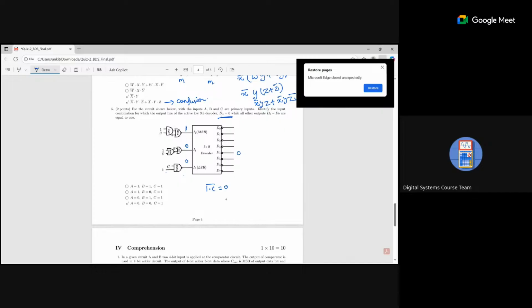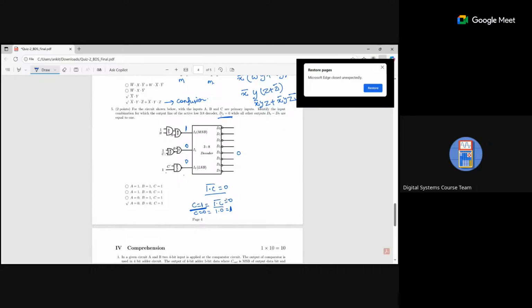If C is 1, that means it is 0. 1 dot C bar is 0. If C is 0, that means 1 dot 0 bar is 1. So from that we know that C is 1, because if C is 1, then it will become 0. Now we go to this point.